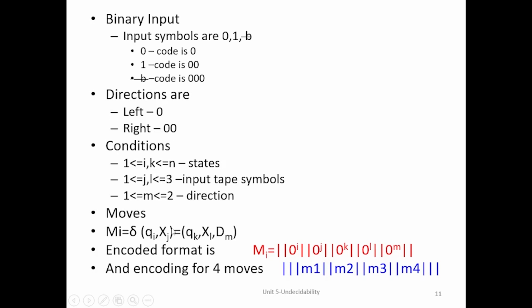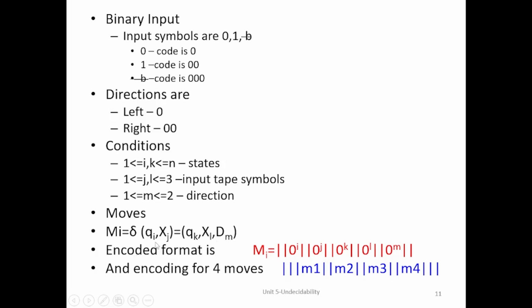And if you take the transition function, tilde, the Turing machine input contains 2 parameters and the output is 3 parameters. The input parameters are the state and the input symbol on tape. The output is the corresponding state, then the replacement symbol with the direction.